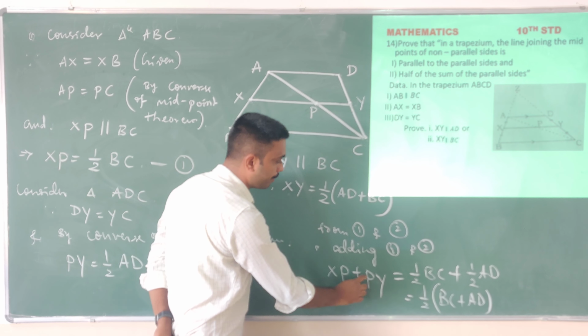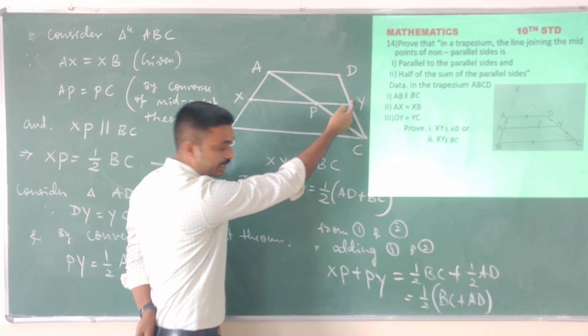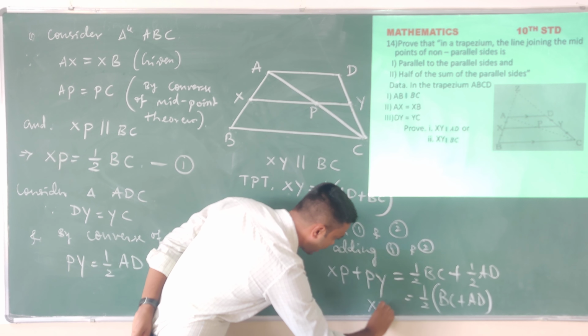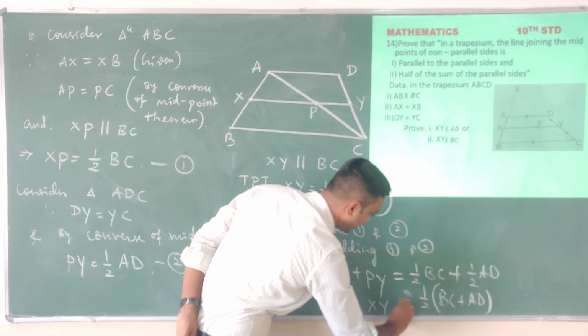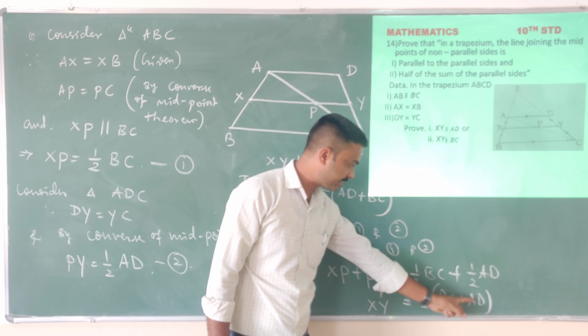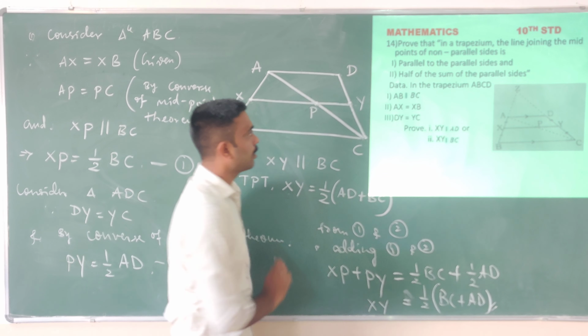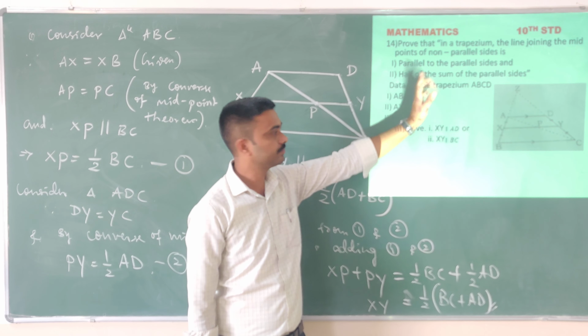Now XP plus PY is equal to XY. So XY is equal to 1/2 times AD plus BC, which is the required proof of this second condition. Thank you.